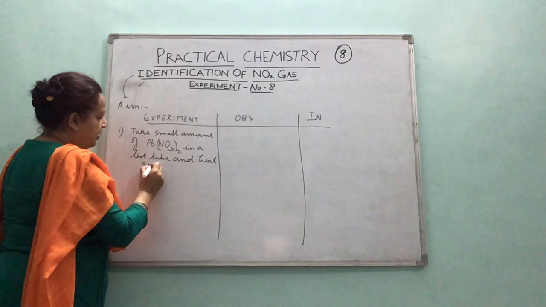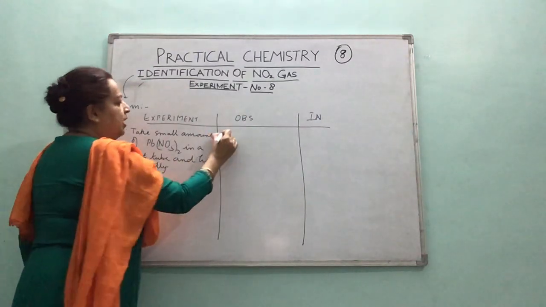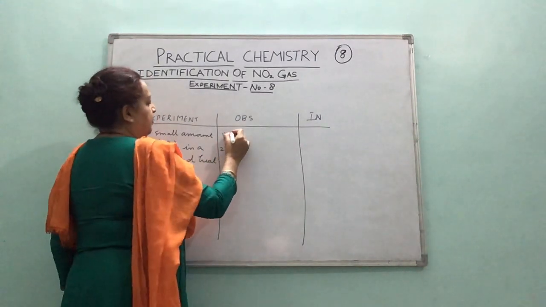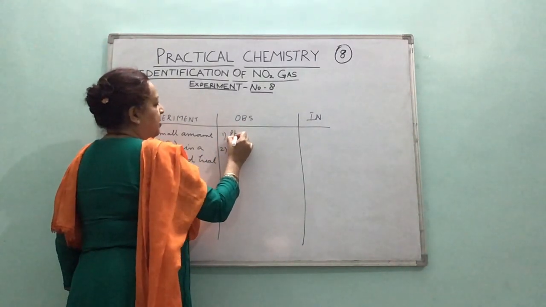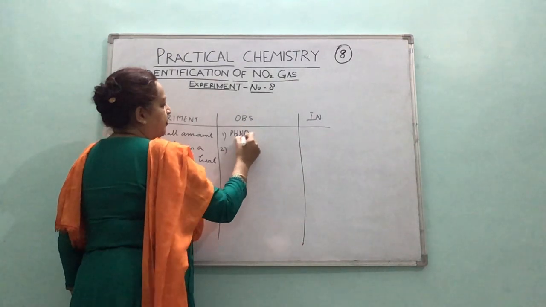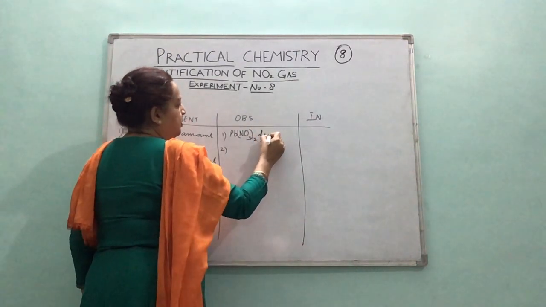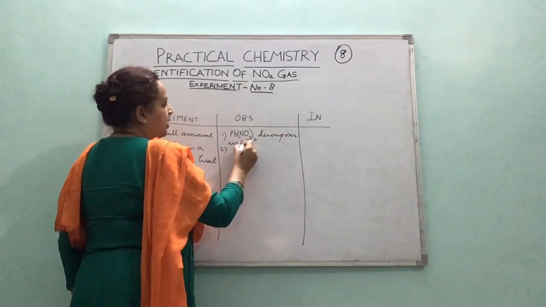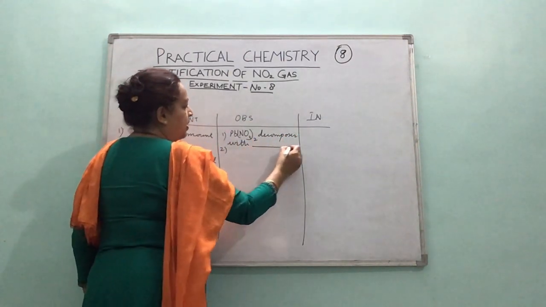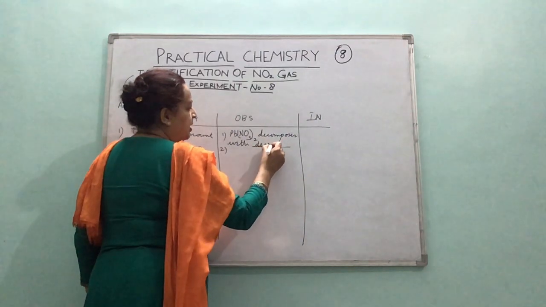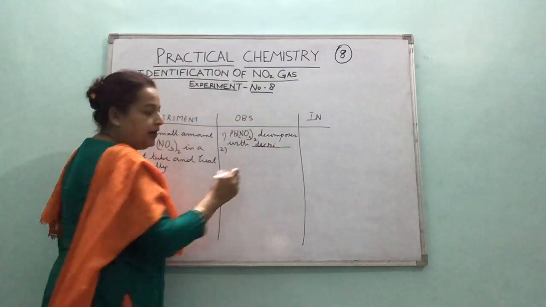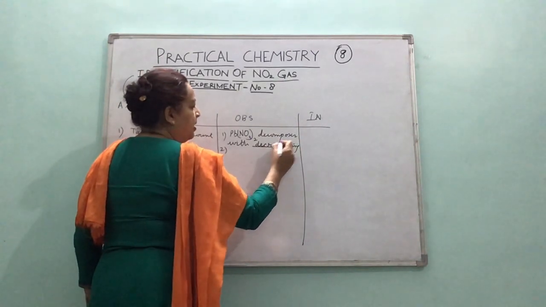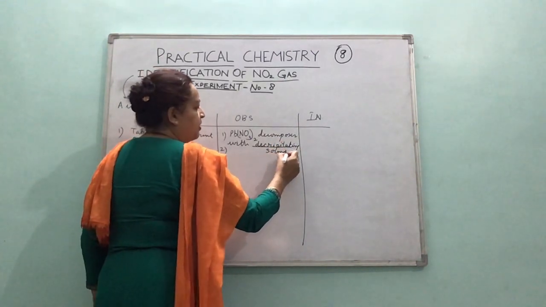There are a lot of observations, so I am writing first: lead nitrate, Pb(NO3)2, decomposes with some sound. I will tell you the word, decrepitating, D-E-C-R-I-P-I-T-A-T-I-N-G. Decrepitating sound. This is your first observation.